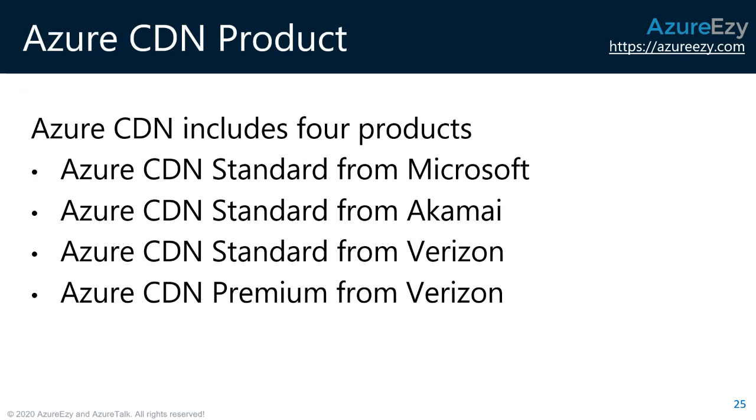So you can go on the Azure portal, and different products provide different benefits and features. Based on your business need, the pricing and the cost that your organization approves, you can choose the respective one for your organization.